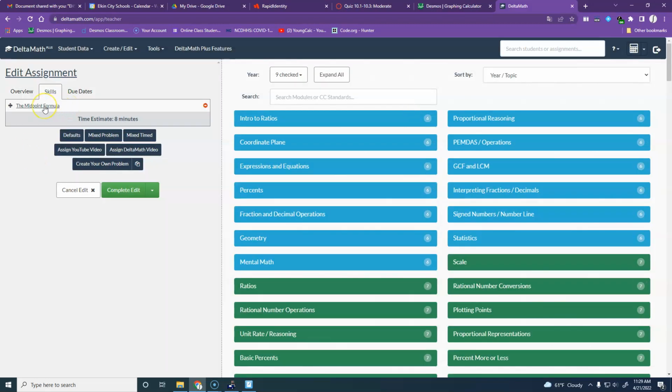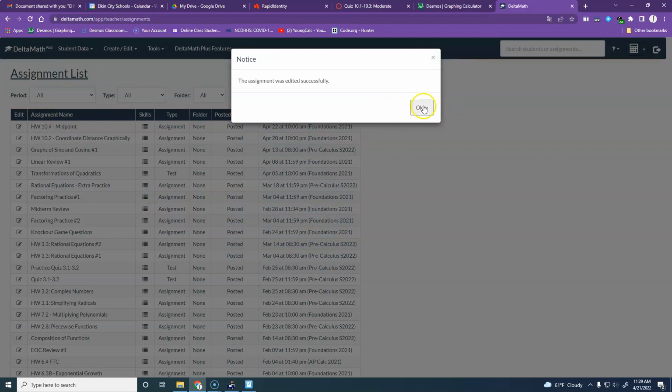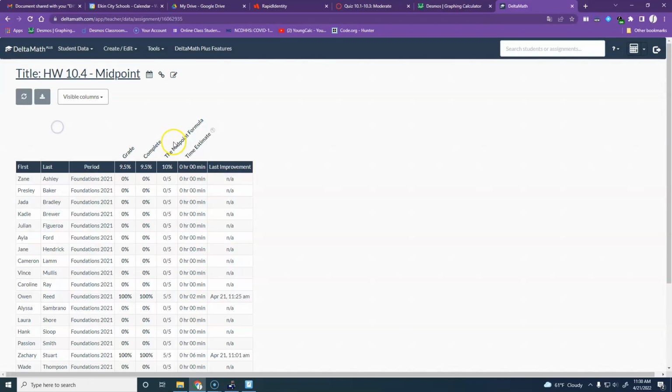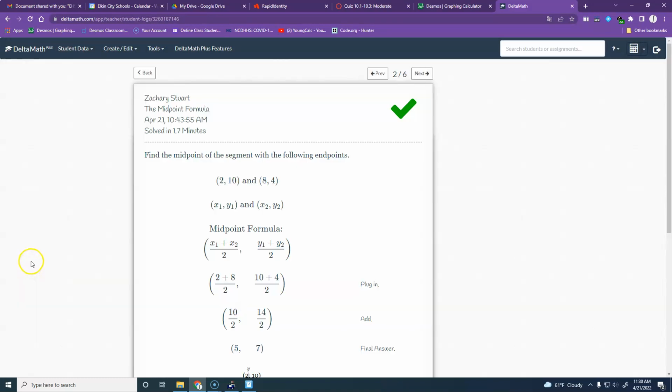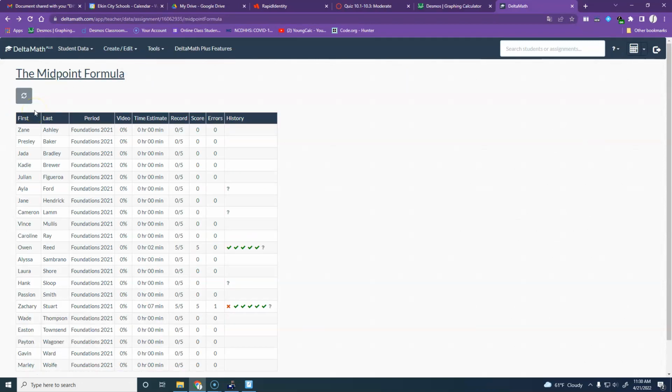All right, so all you have for this is 5 midpoint problems, just straight midpoint problems. So all you got to do is find the midpoint here. For these problems, they'll look like this. So see how many you can get done.